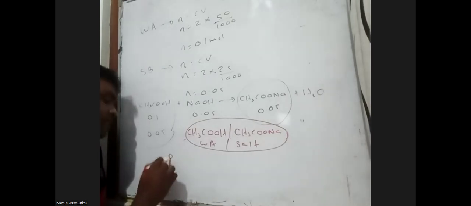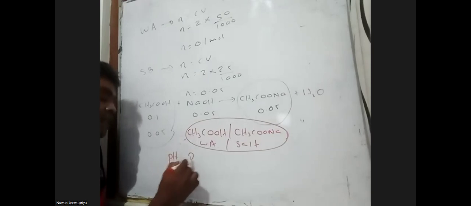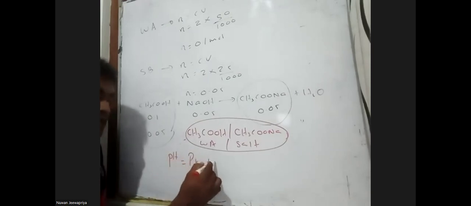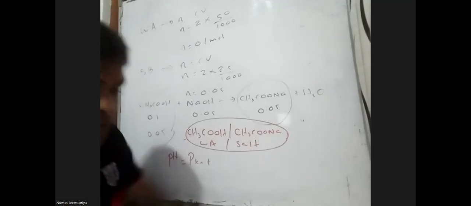In the Henderson equation we write pH is equal to pKa plus log of salt concentration divided by acid concentration.